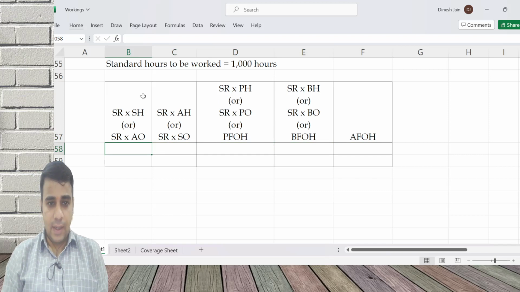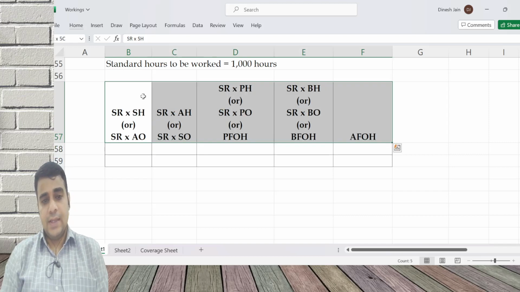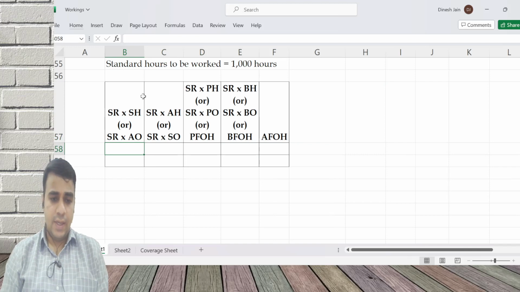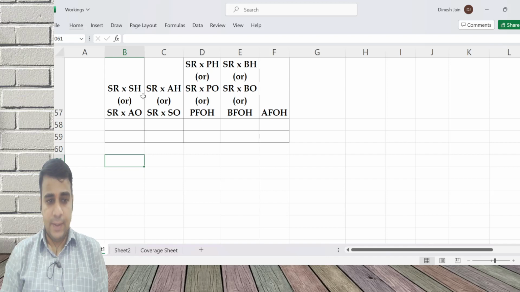This is what will come in our computation table: SR into SH or SR into AO, SR into AH or SR into SO, SR into PH or PO or PFOH, SR into BH or BO or BFOH, and actual fixed overhead.